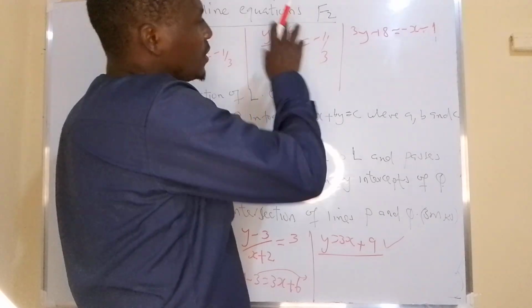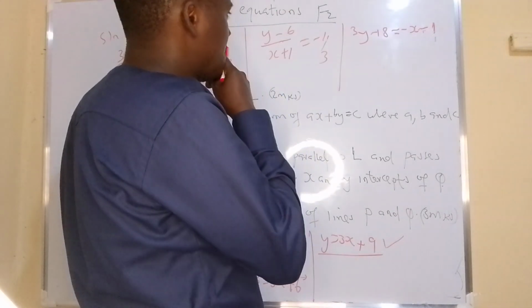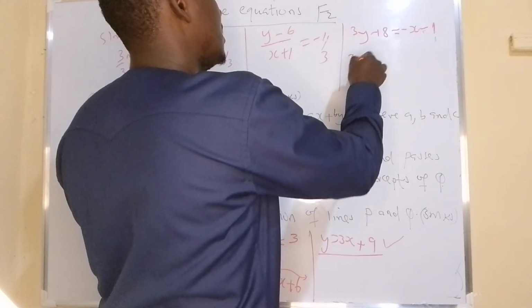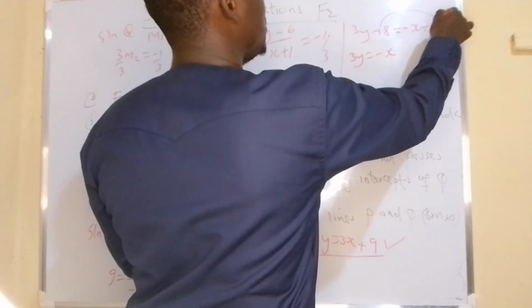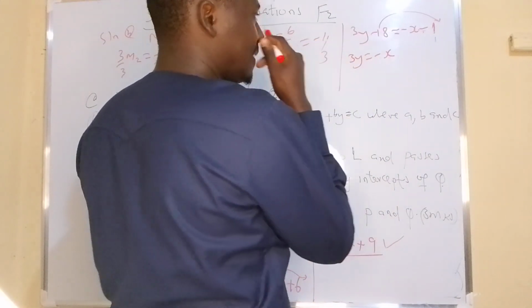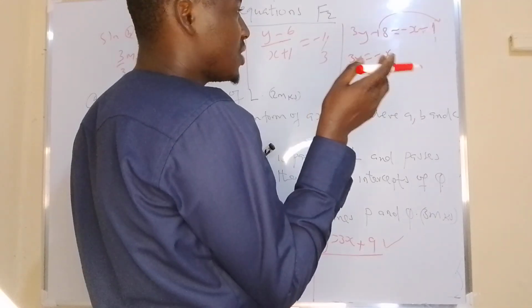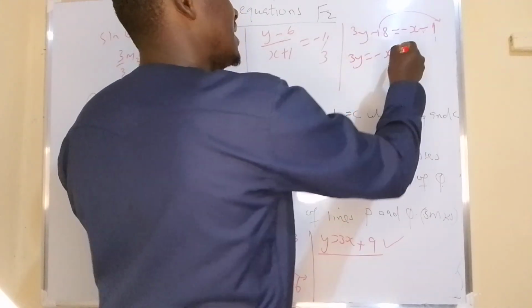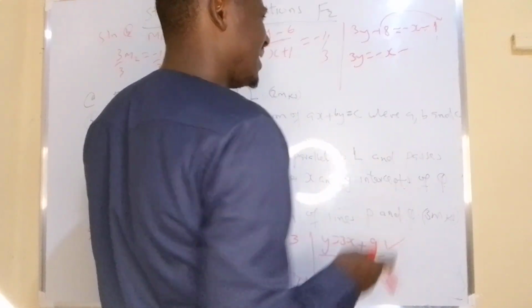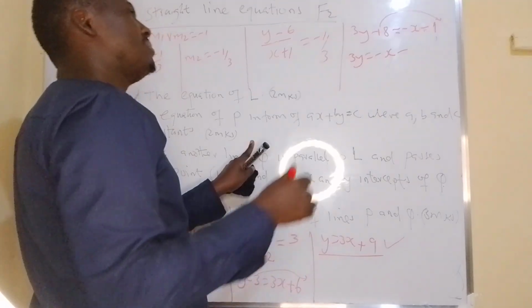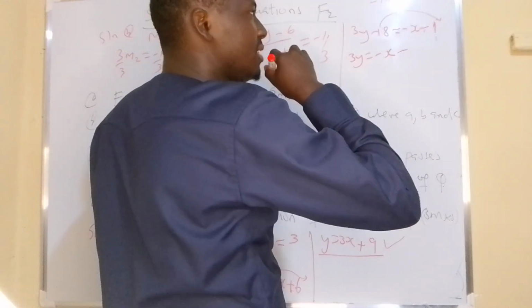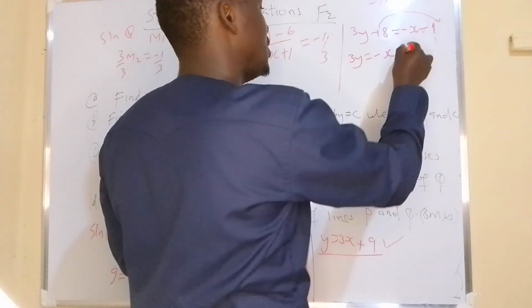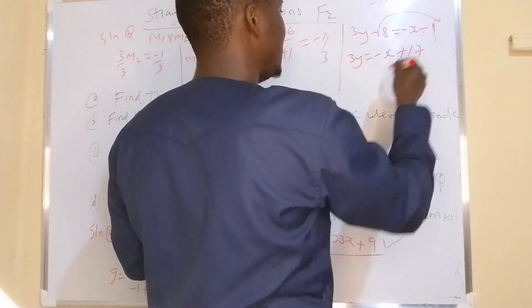So here is cross multiplication, don't forget that. So 3y equals -x minus 1, then the 18 comes to this side and becomes positive, so -1 plus 18 is positive 17.